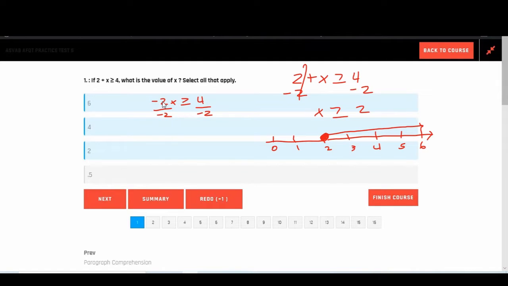In this case, I divided both sides by negative 2, so I would flip this inequality to this way, and this would be negative 2. Again, subtraction across the inequality does not prompt you to flip the direction of the inequality, whereas multiplication or division by a negative prompts you to flip the direction of that inequality. Okay, so just keep that in mind.